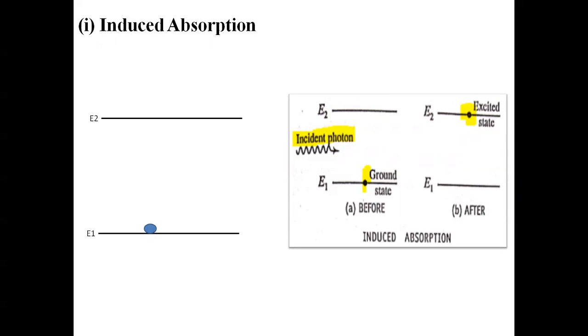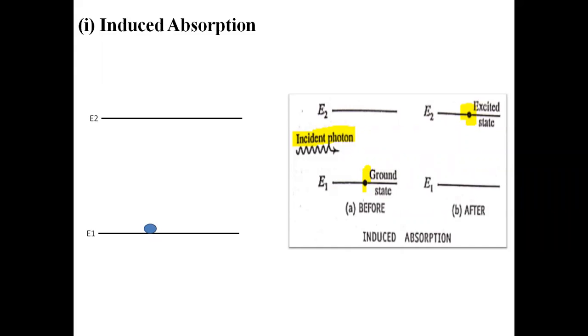If an electron in an atom gains energy, that means the atom itself gains energy. Therefore, in the laser chapter, I will not go for electrons. I will instead go for atoms. I will say the atom will be in the ground state and the atom will be in the excited state. It is similar to electron in the ground state and electron in the excited state. Instead of the electron, I am using the atom itself.